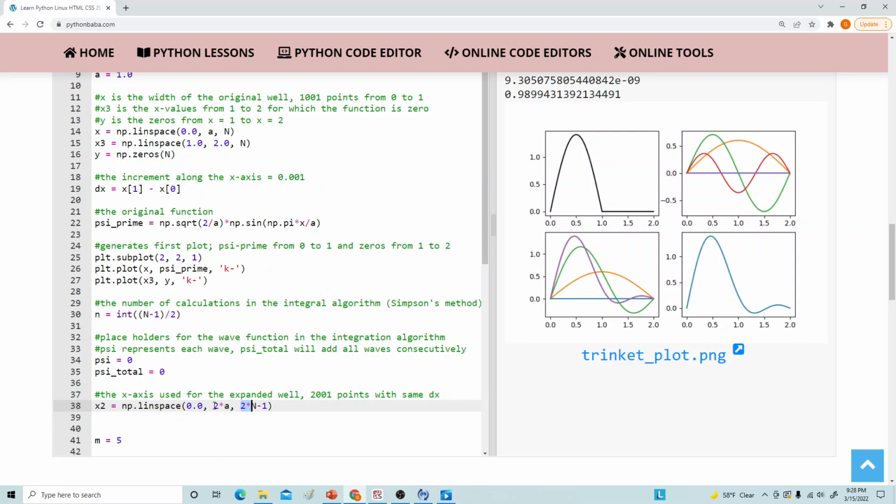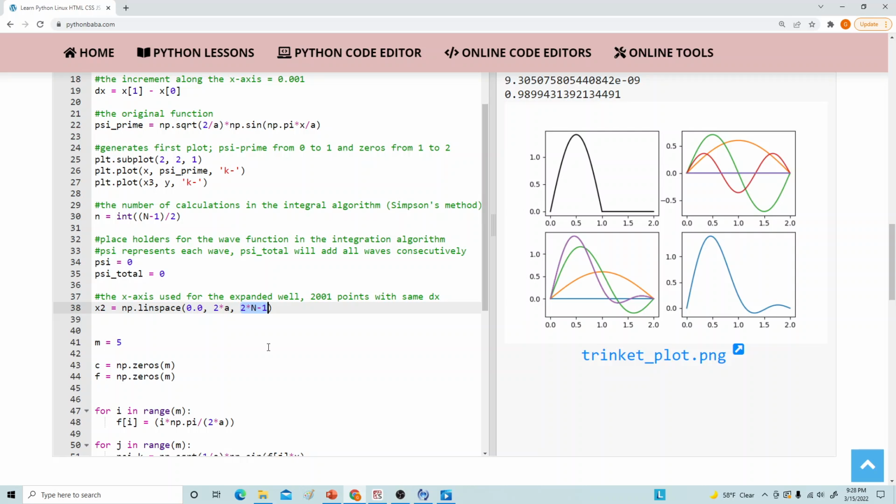So I've doubled the width of the well, and I've doubled the number of points, except for subtracting 1 for the indexing issue. So m equals 5. M is 1 more than the number of coefficients we want to calculate.